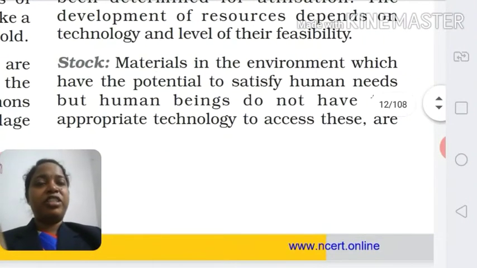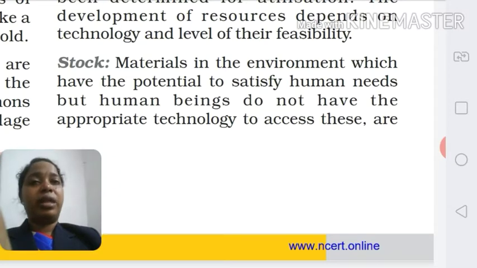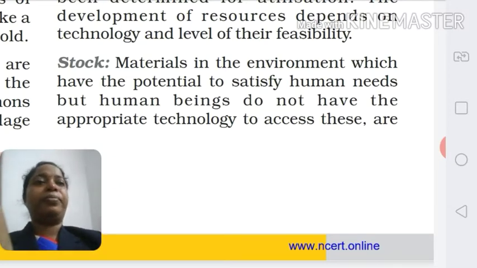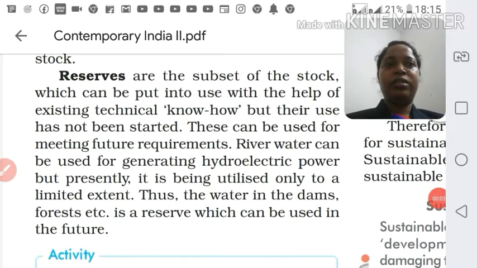The last one is stocks. Minerals in the environment which have the potential to satisfy human needs, but human beings do not have the appropriate technology to access them, are termed as stocks. Reserves are the subset of stock which can be put into use with the help of existing technical know-how, but their use has not been started.